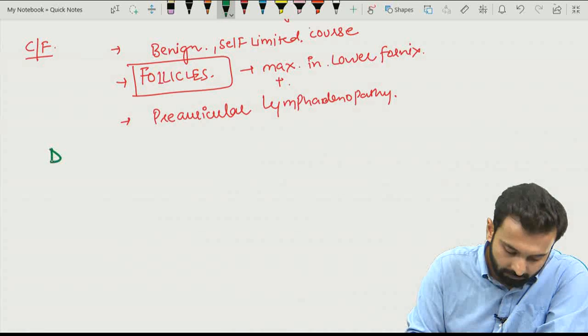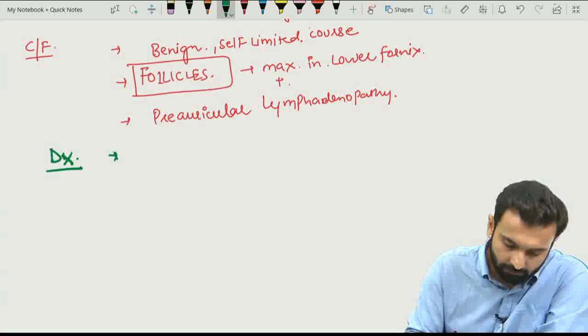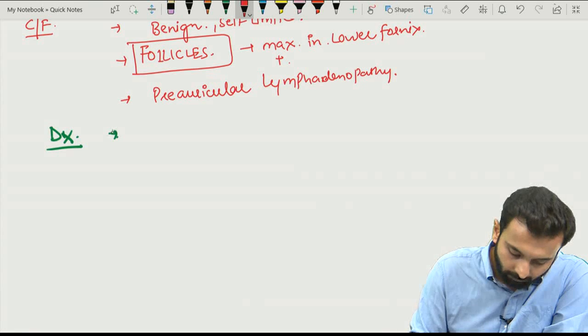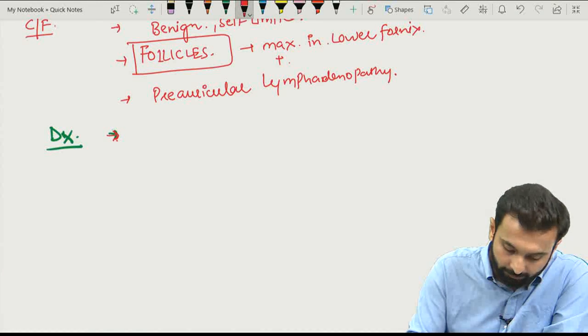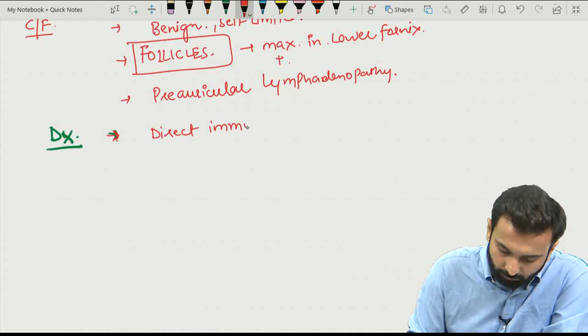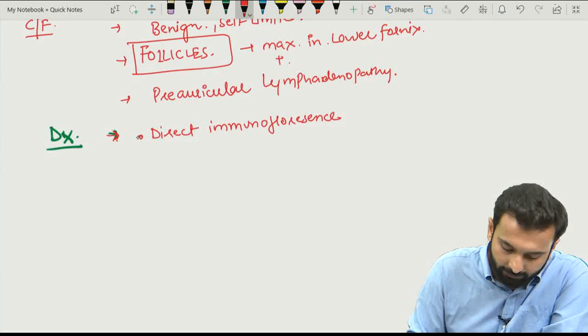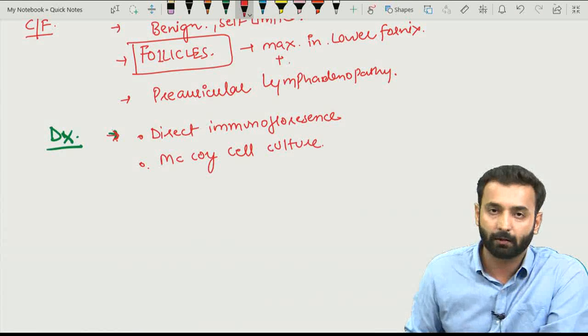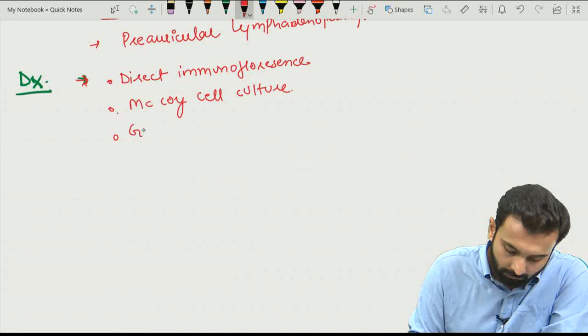Now coming to diagnosis, how you will make the diagnosis. Diagnosis can be made by direct immunofluorescence or McCoy cell culture. McCoy cell culture can also be used, and Giemsa staining is done.